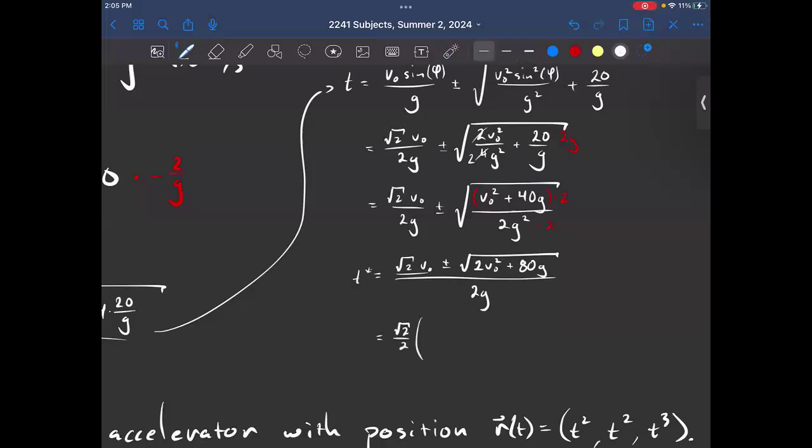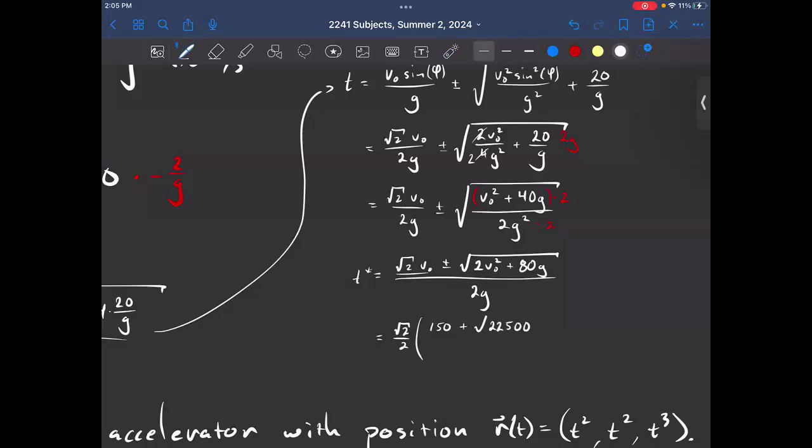So root 2 over 2 times 150 meters per second for v0. And then I'm just going to take the plus version because I want the larger time, not the smaller time, when the rock hits the ground in this case. And then square root of what's 150 squared? I don't know. 22,500.